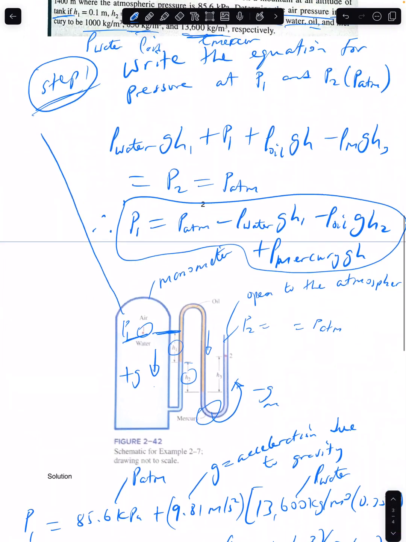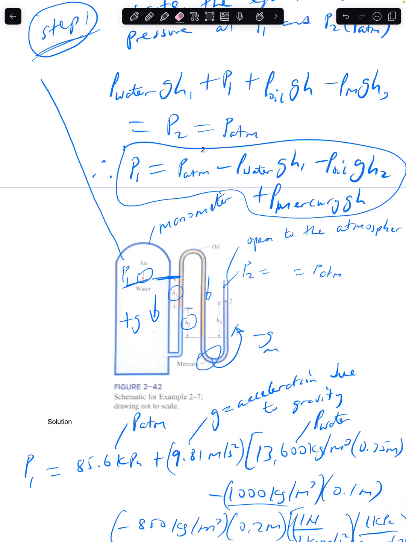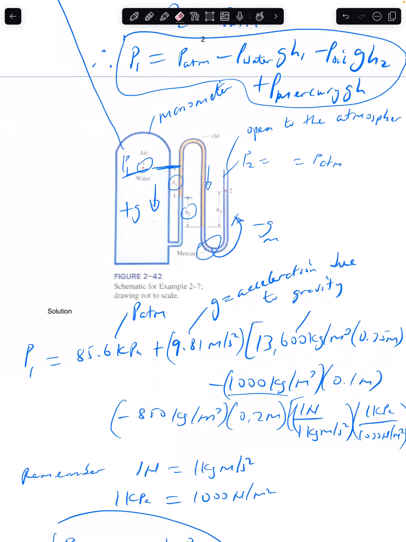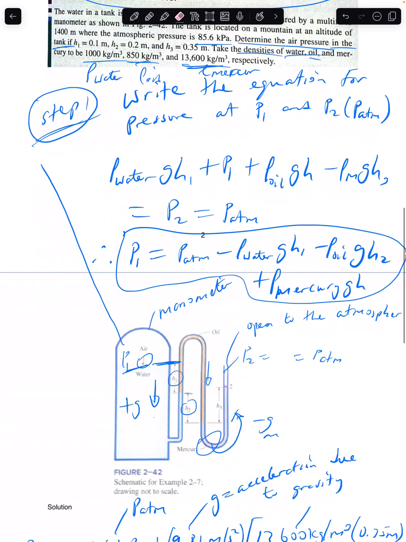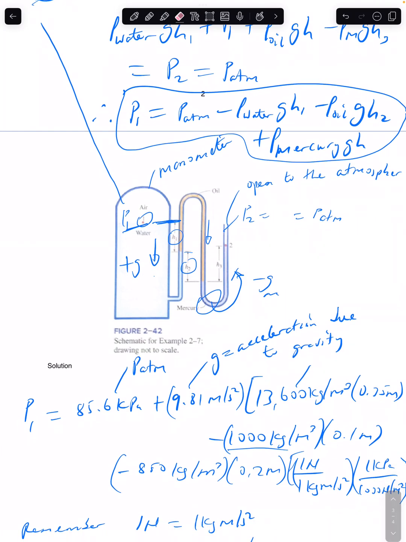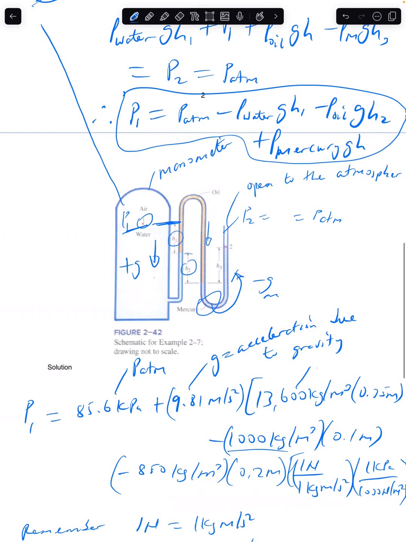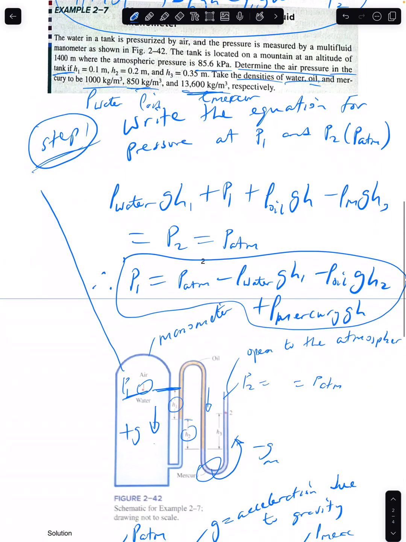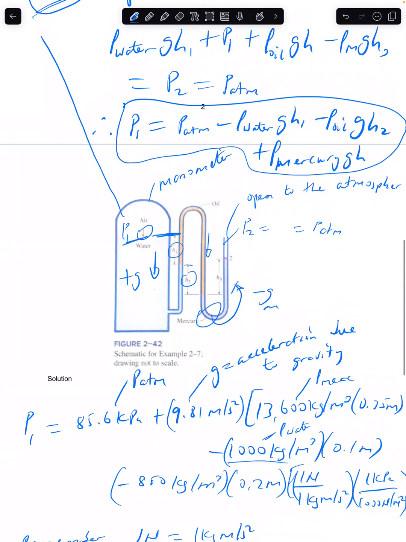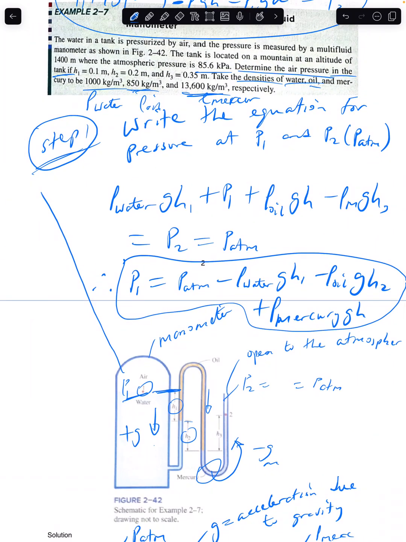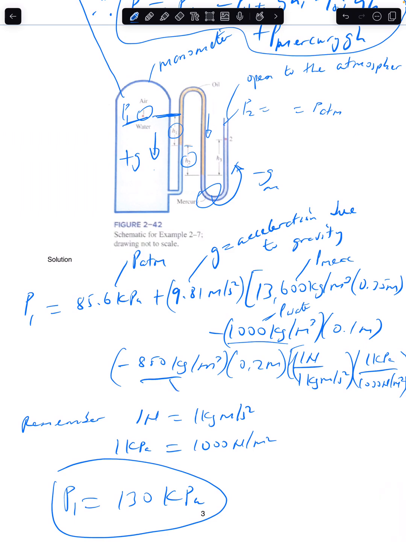This is density for mercury, this is 1000, the density for water, and this is density for oil. So that's what it is.